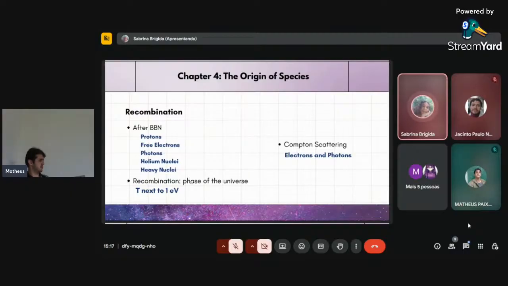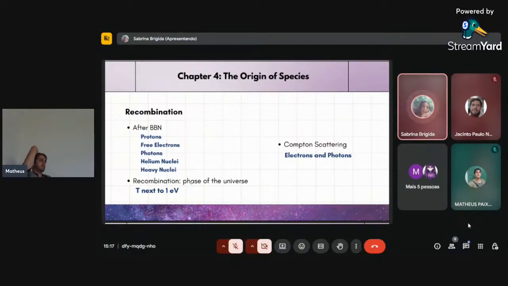It is basically when protons and electrons combine to form neutral hydrogen atoms. This process leads to the decoupling of photons because, with the loss of free electrons, the interaction rate between photons and electrons decreases.